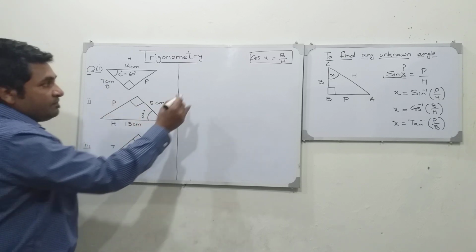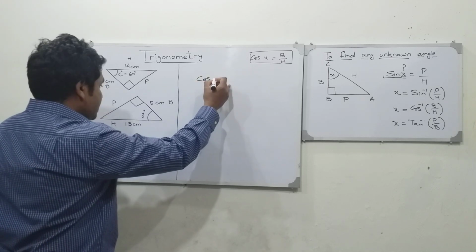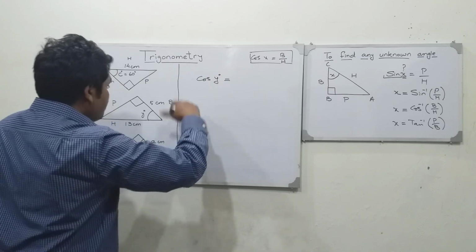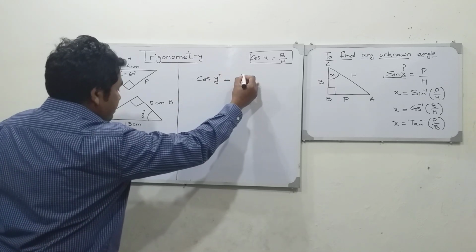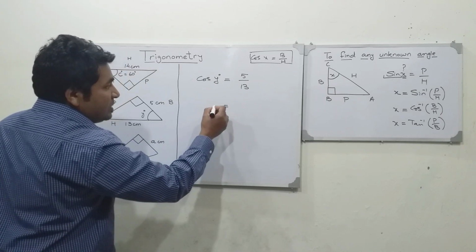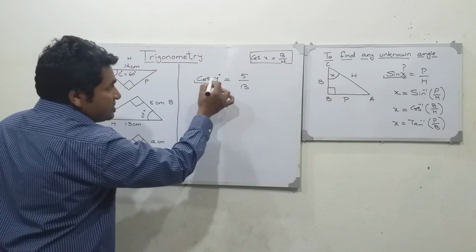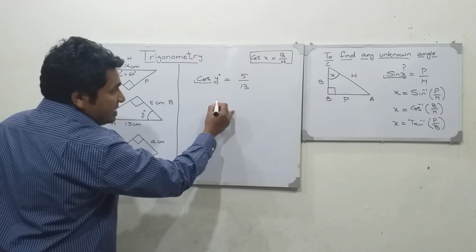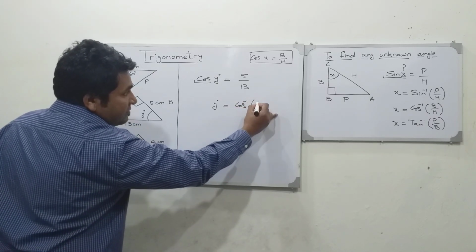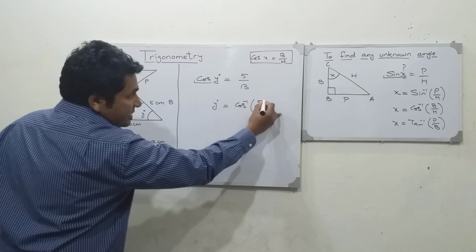So we will write cos y degrees equals base over hypotenuse, so 5 over 13. Now you take this cos to the other side and it will be y equals cos inverse 5 by 13.